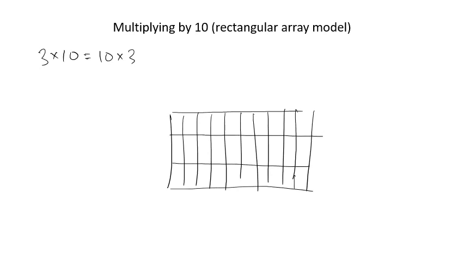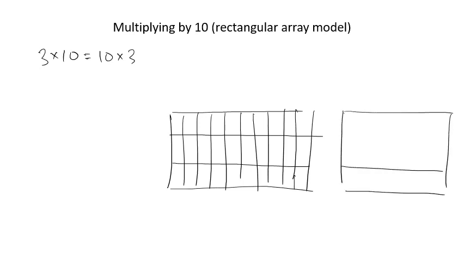So there's our 10 by 3. But if we think about this in terms of our base 10 blocks, this is really the same as just taking 3 longs. So this should translate to just being 3 longs, and then we know that this is a 10, this is a 10, this is a 10.